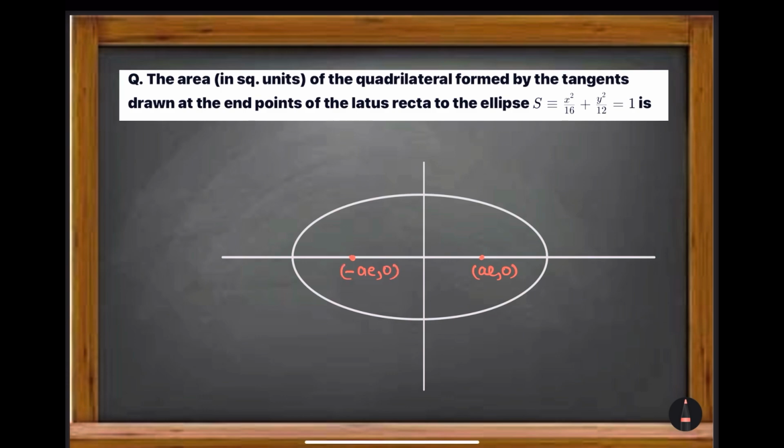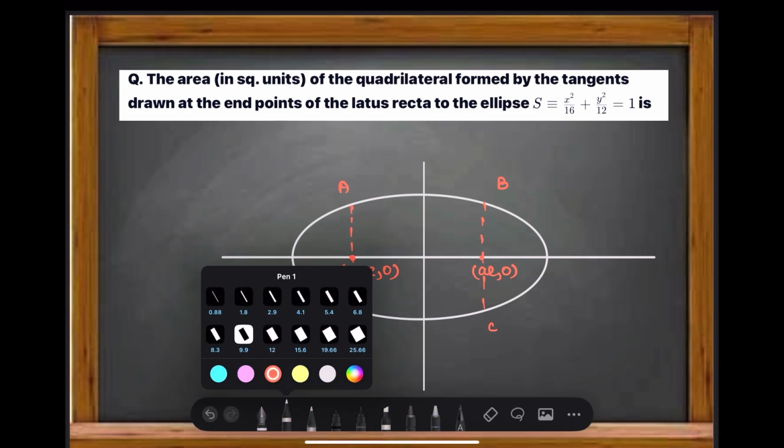And these guys are talking about latus rectum. So suppose that these are the endpoints of the latus rectum: point A, point B, point C and point D. At these points we have to drop tangents.